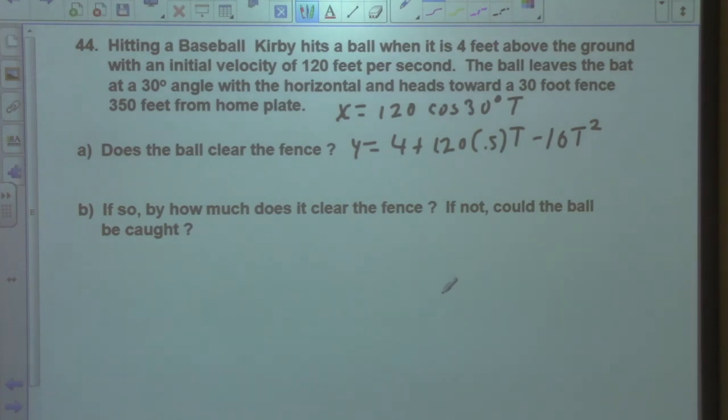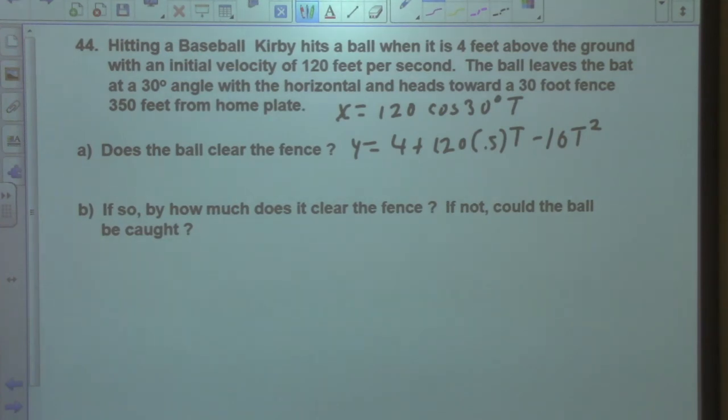You notice something I did when I wrote her equation down for her? I put 0.5 for sine 30 and cosine 30. Can I do that? Yeah. So there are some shortcuts. I also could have put square root of 3 over 2 here for that. So this happens to be one of those trigonometric ratios where these are standard unit circle points.